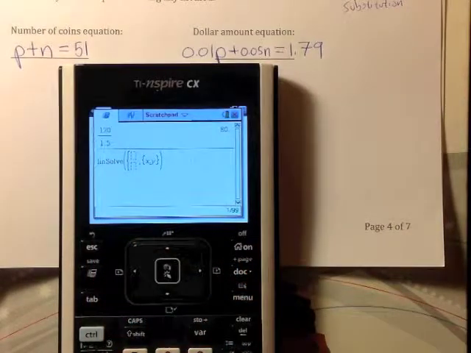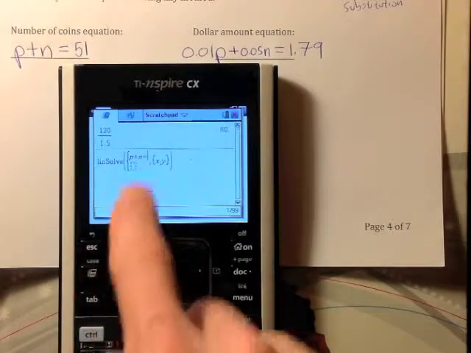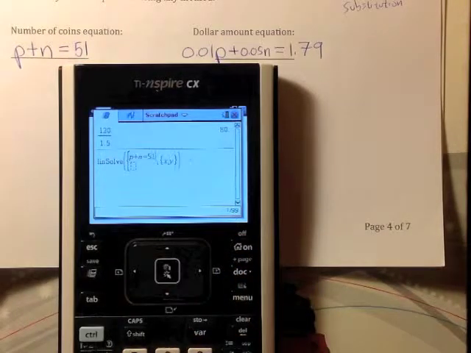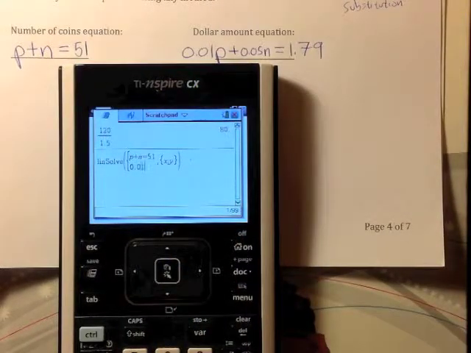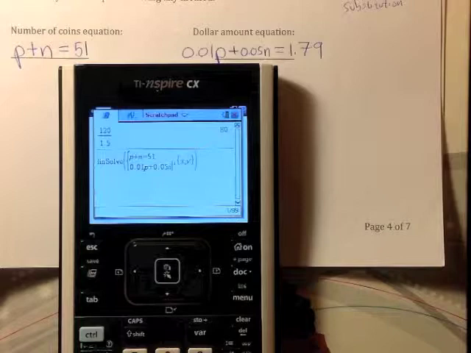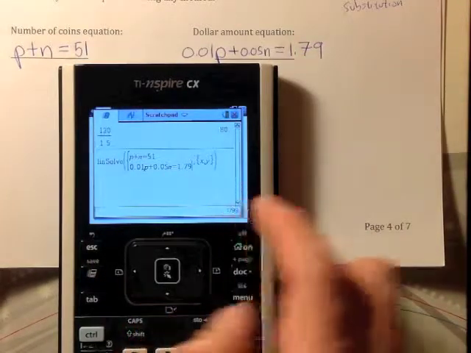Let's see. P plus N equals 51. That's my first equation. My second equation is 0.01 times P plus 0.05 times N equals 1.79. Okay?